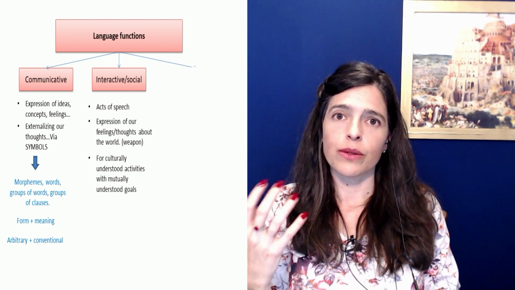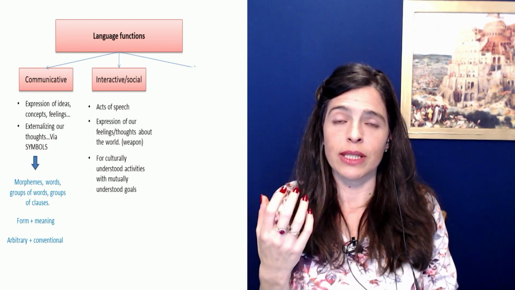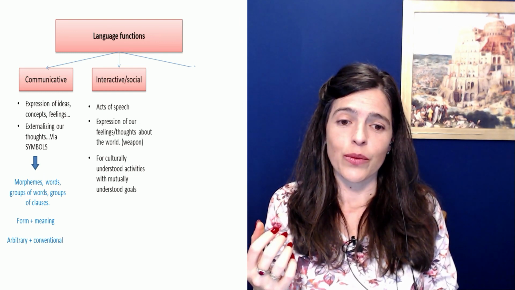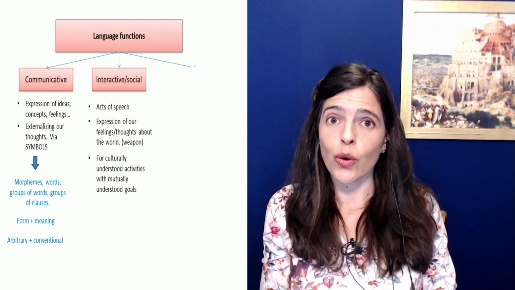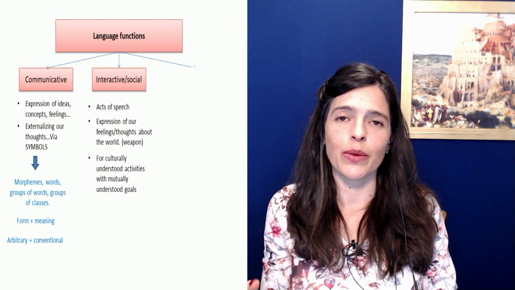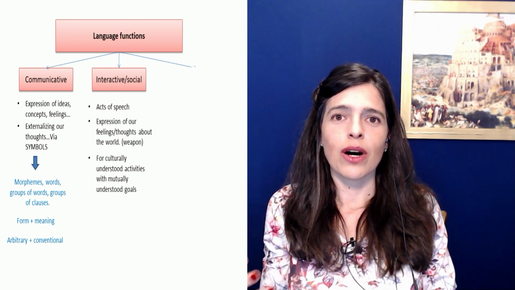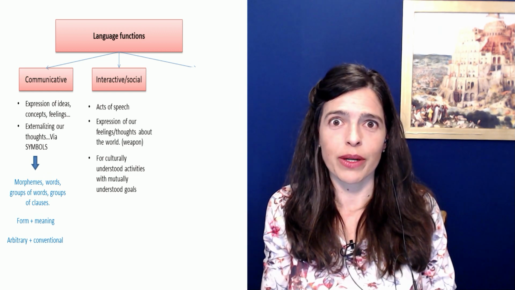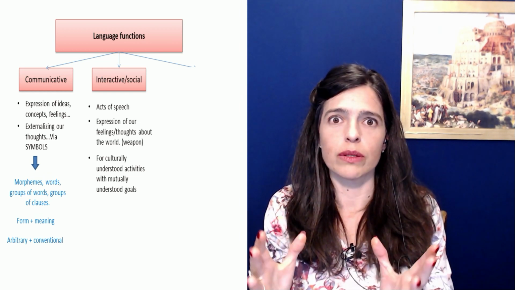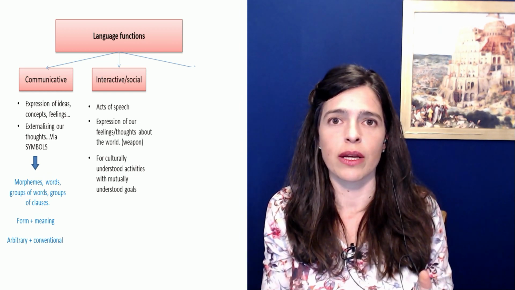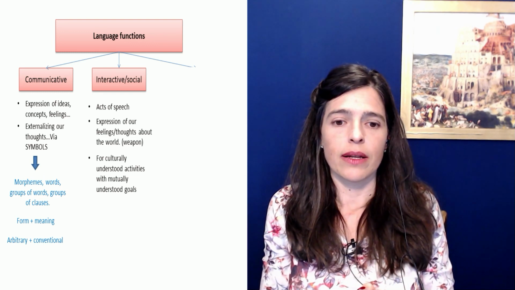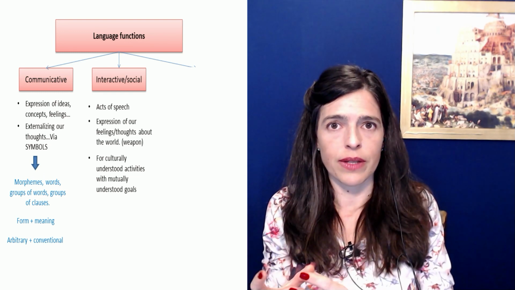Okay, then we have language fulfills a role within culturally understood activities with mutually understood goals. What I mean by that is that, for example, say you meet with a bunch of friends and it's agreed that you're gossiping, that you're not really telling the truth about somebody or really have solid proof about what you're saying. Everybody understands that, and that stays within the context of that conversation.